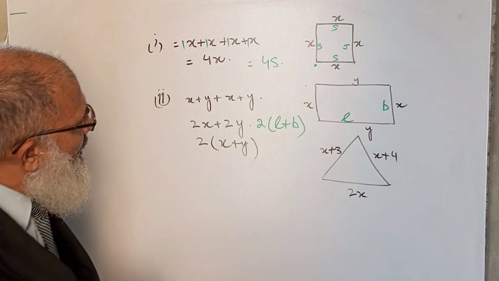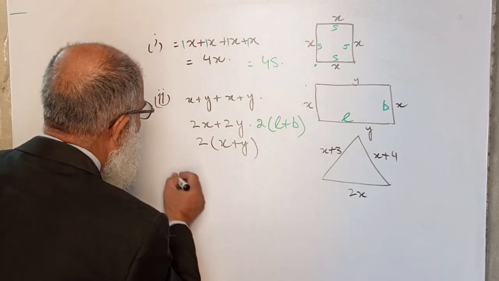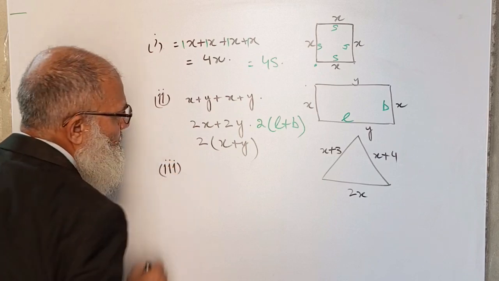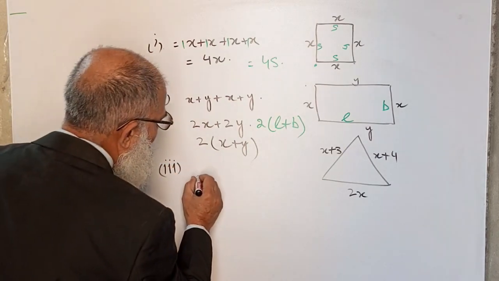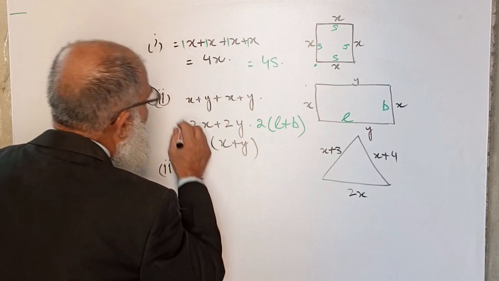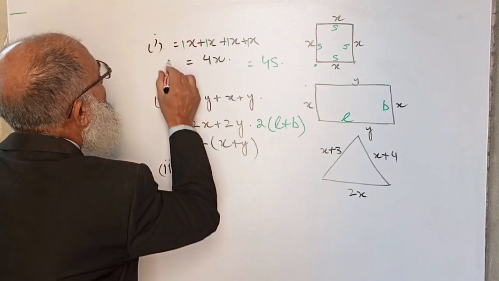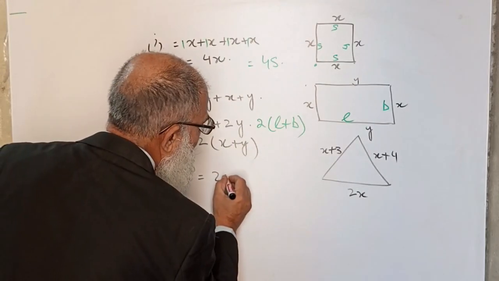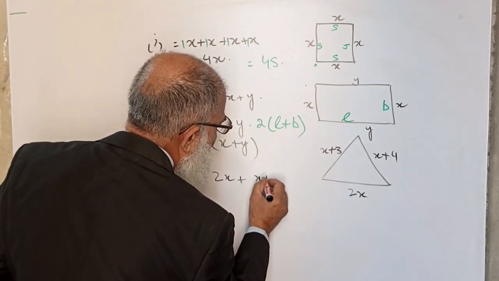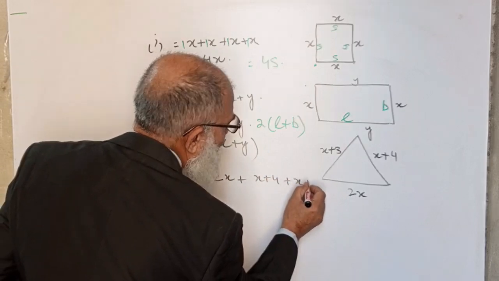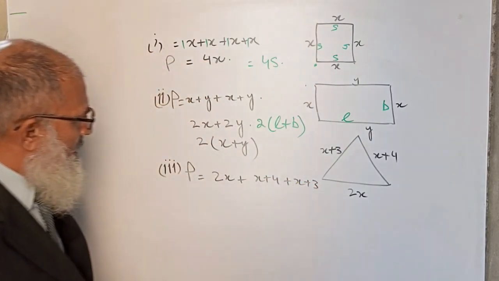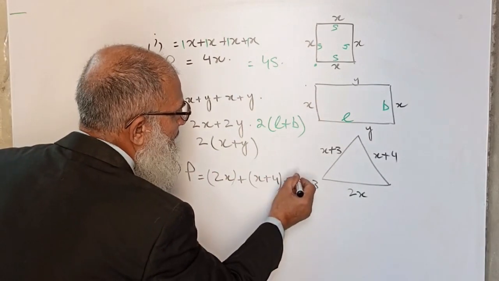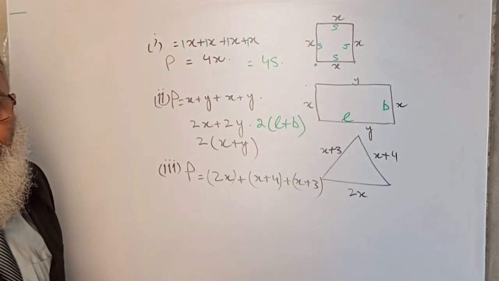Now, what about this triangle? We traveled the perimeter, these are all the sides. Now the perimeter is 2x plus x plus 4 plus x plus 3. You can even enclose all sides in brackets as well.